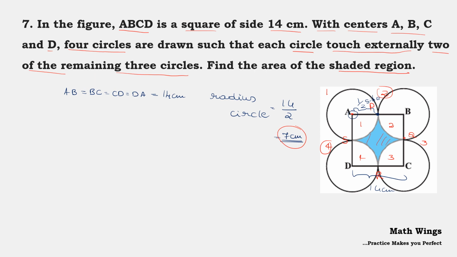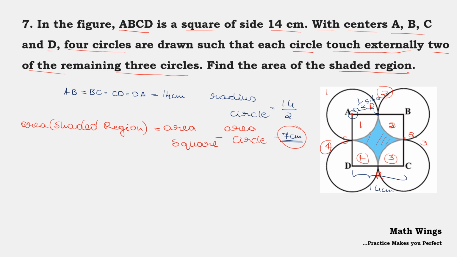Because if you observe, when we add quadrants 1, 2, 3 and 4, we'll get one complete circle of radius 7 cm. Correct? Therefore, area of shaded region is equal to area of square minus area of the circle.